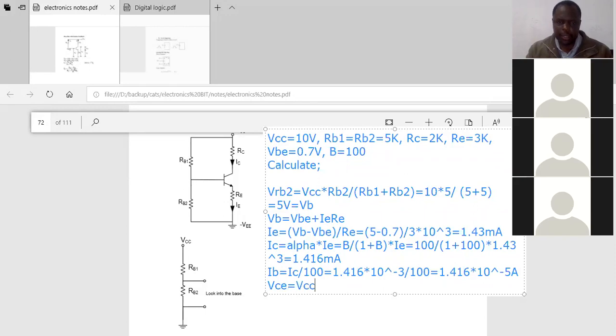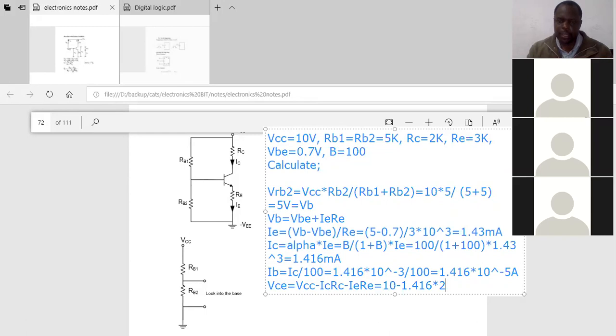It will be VCC minus IC RC minus IE RE, which will be equivalent to 10 minus IC, which is 1.416, times RC, which is 2K, so 2.